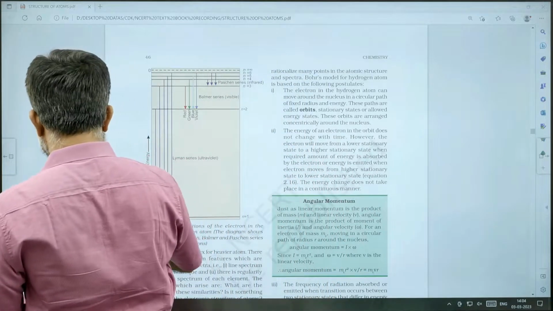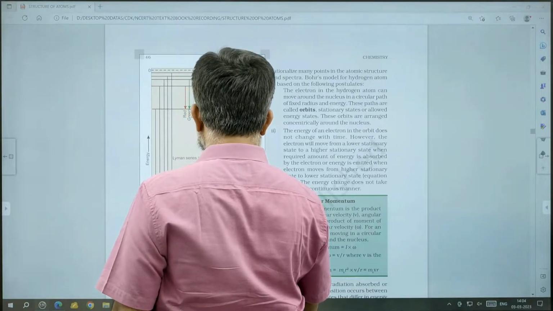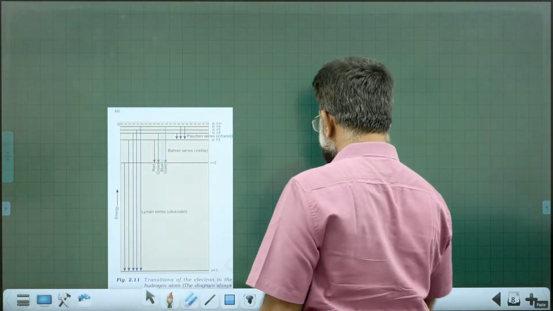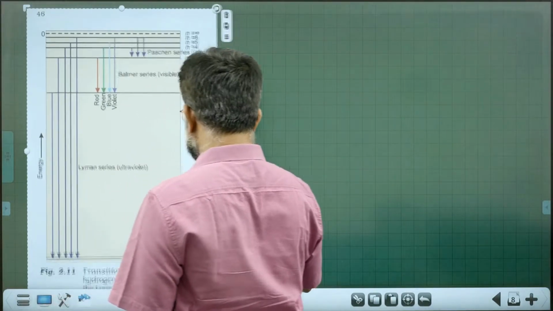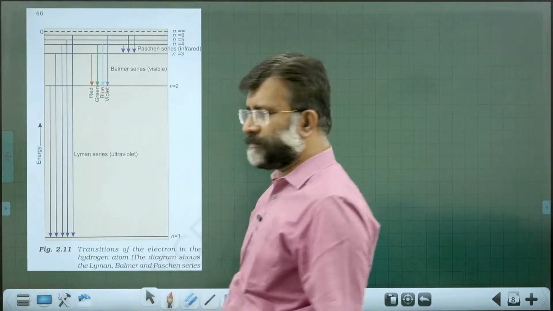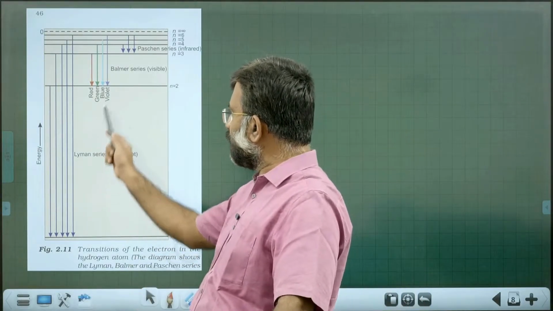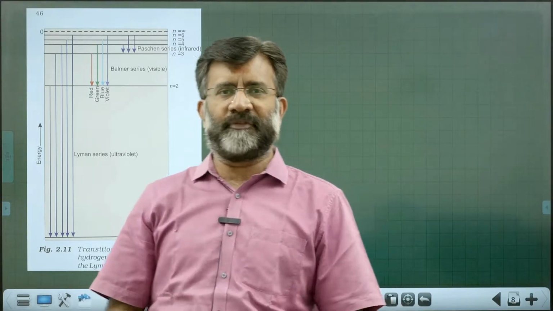What are the important series of spectral lines shown by hydrogen? Hope you remember. This is an important diagram from the NCERT showing the atomic spectra, the various hydrogen spectral series: Lyman series, Balmer series, Paschen series, Brackett series, Pfund series.